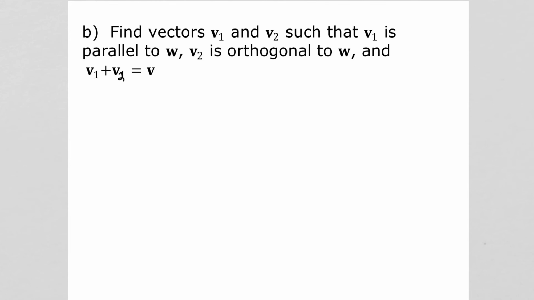We're using the same vectors here as we did in part A. V sub 1 is the projection of V onto W, and we just found that in part A. Writing that in component form would be 168 over 73, 63 over 73. That's the same thing as in part A.